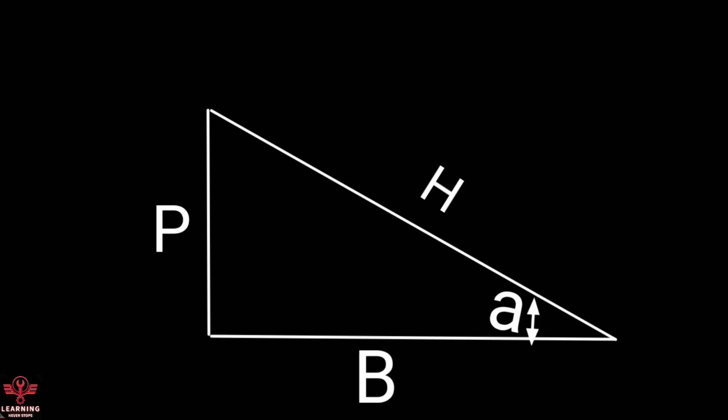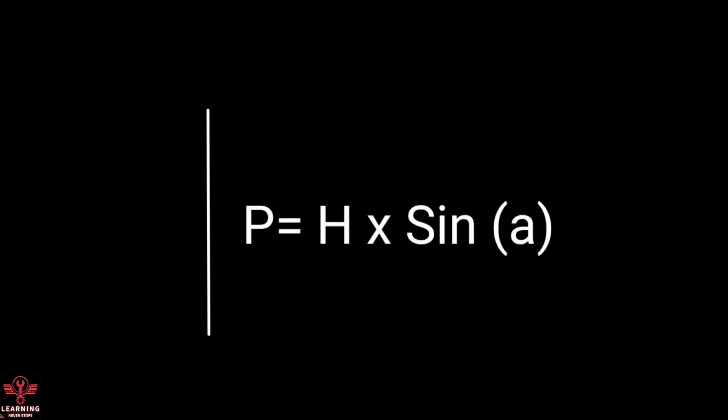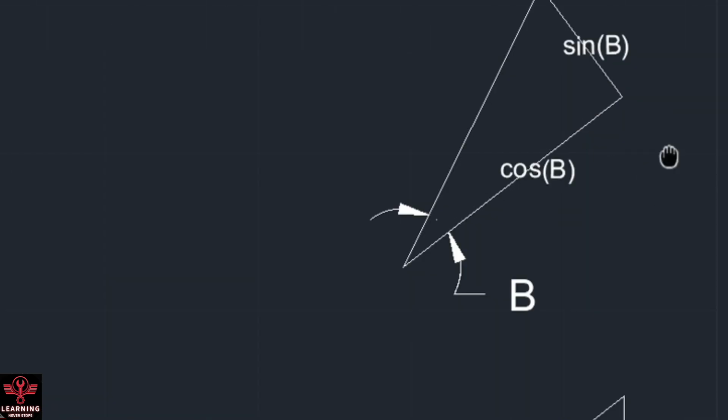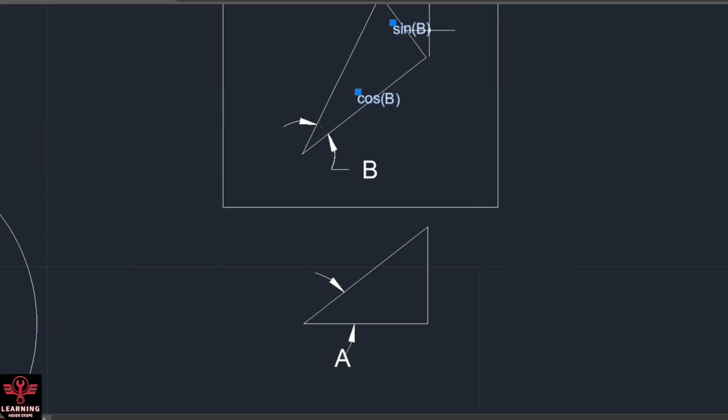Remember that in a right angle triangle, if the angle A is given to you, the base would be hypotenuse times cos A, and the perpendicular would be hypotenuse times sine A. In our case, the hypotenuse is 1, so anything which is multiplied by 1 would become itself. So the base will be cos B and the perpendicular will be sine B.